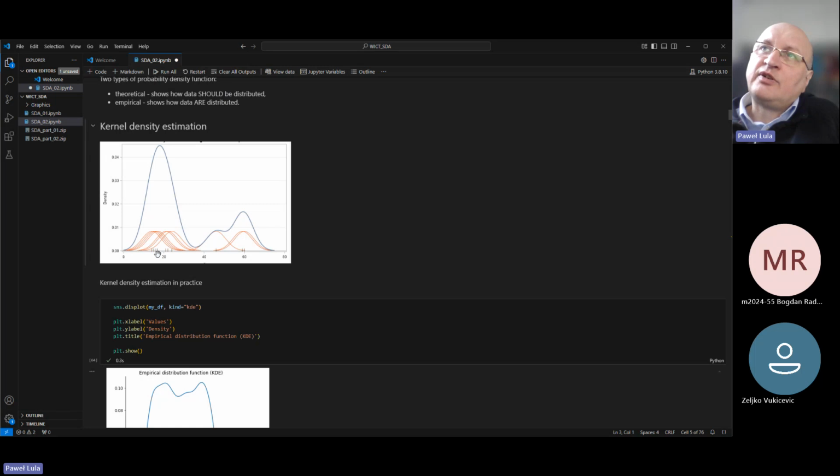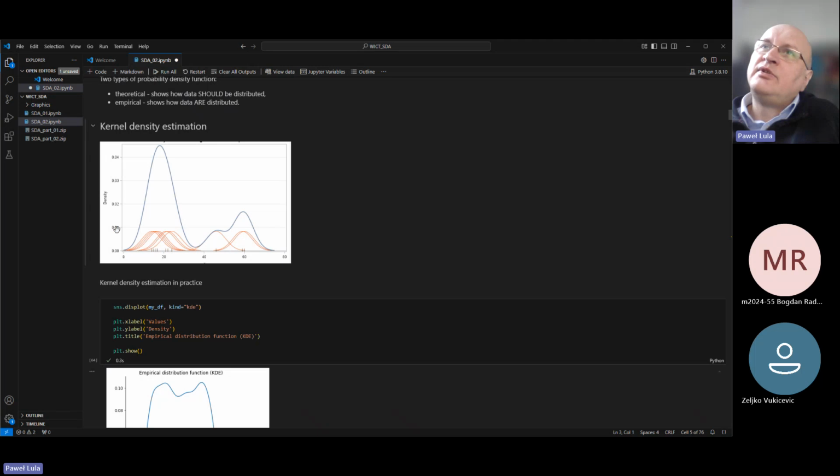So for example, for this point 20, we can draw a vertical line here, and to get the values at which this vertical line crosses all these orange lines, we have some values, about, I think, 0.06, 0.07, and we sum all these values.